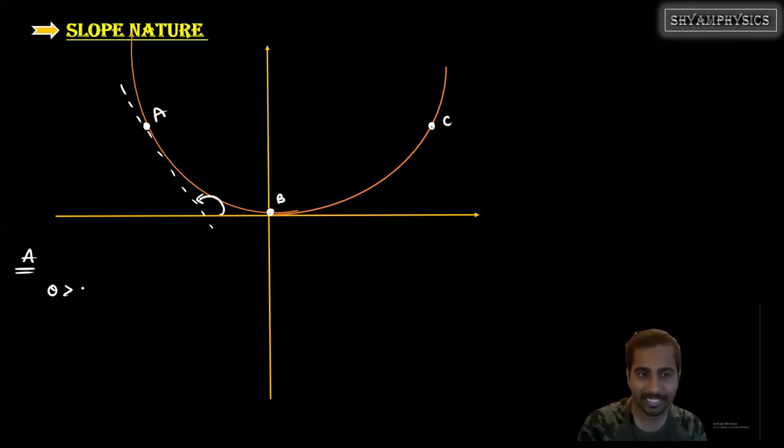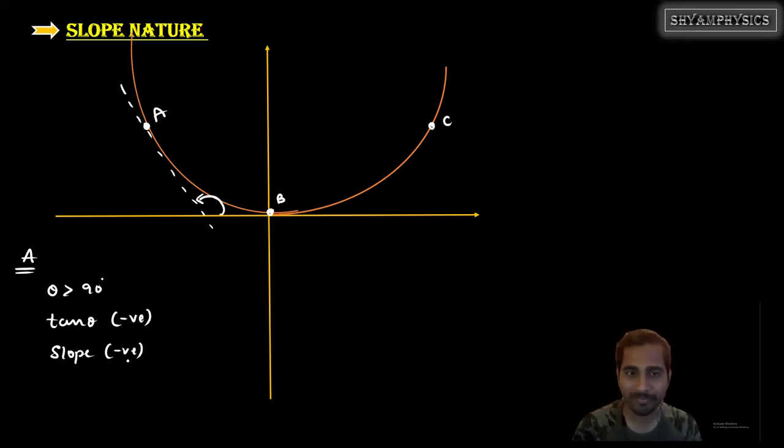This theta is greater than 90 degrees. If theta is greater than 90 degrees, tan theta belongs to the second quadrant. Clearly, tan theta is negative in the second quadrant. Since tan represents slope in the graph, tan theta is negative means the slope of the graph is also negative.